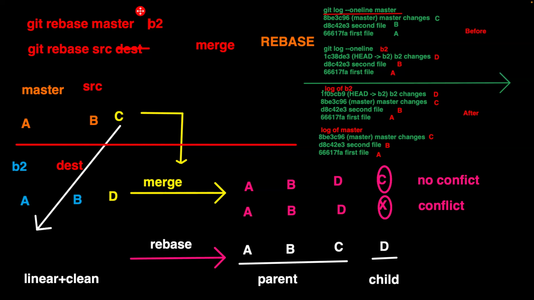Actually, like B2, we have created one more branch called B3. Then how will the rebase work? Same way. For B3, you created from master or B2? From master. Same, right? Master is the parent branch, then B3 is the child. Same way.